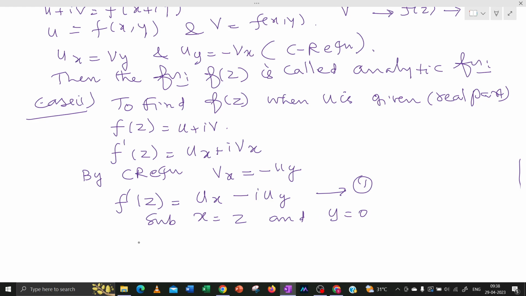See, for example, u of x comma y is given. You can differentiate with respect to x. If you differentiate with respect to x, you will get dou by dou x of u of x comma y.